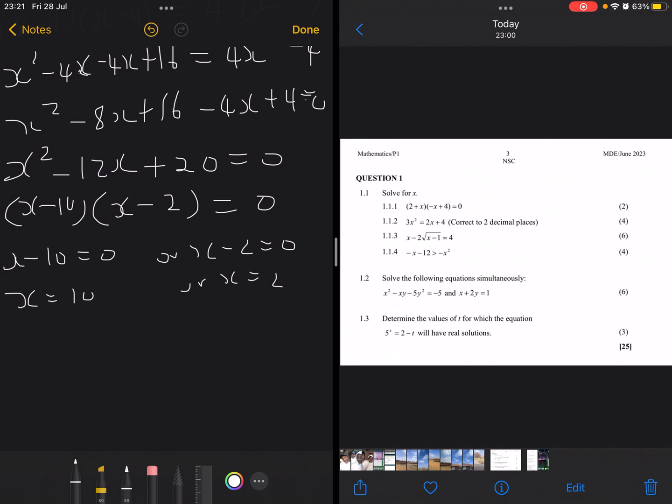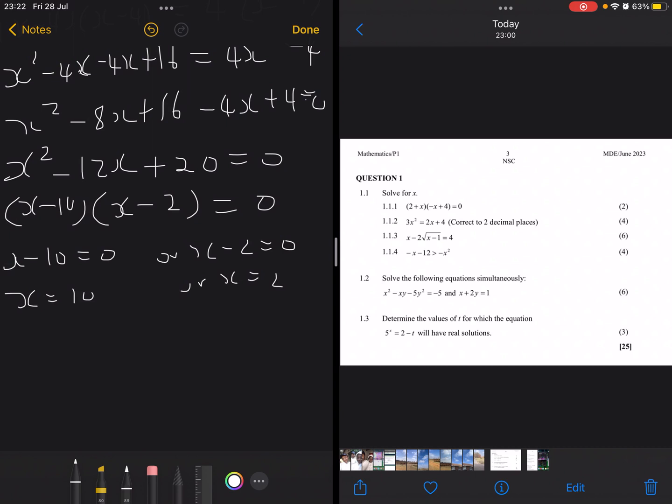So you substitute first 10 and you test that, does it give you 4? So if we calculate here that 10 minus 2 times square root of 10 minus 1, of which is square root of 9, which is what? 2 times 3, and 10 minus 2 times 3 will give you exactly 4.